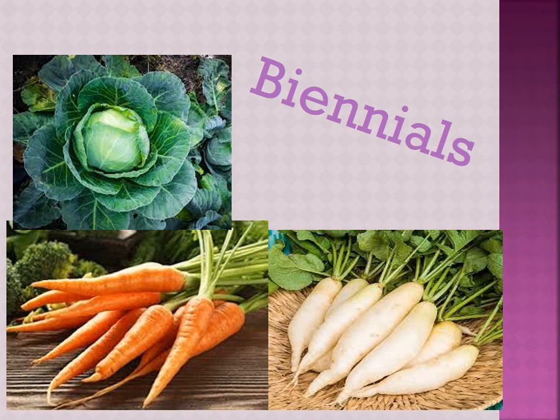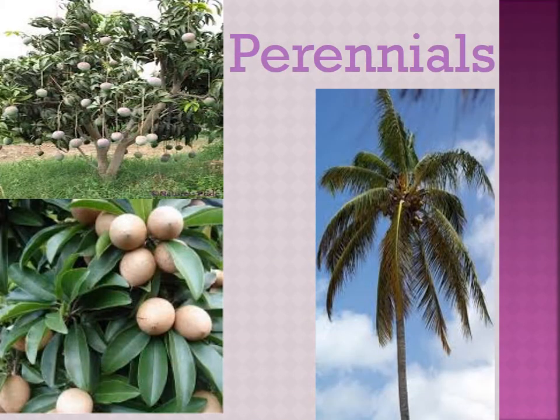See here, these are some examples of biennial plants: carrot, radish, cabbage. These are some examples of perennial plants: coconut, mango. These plants live for a long time.